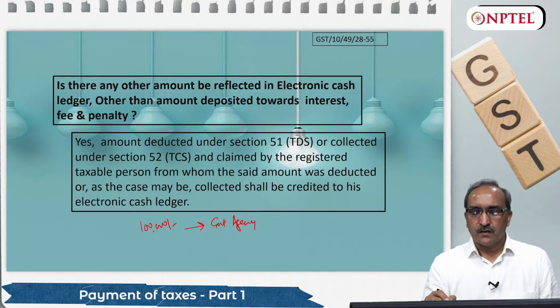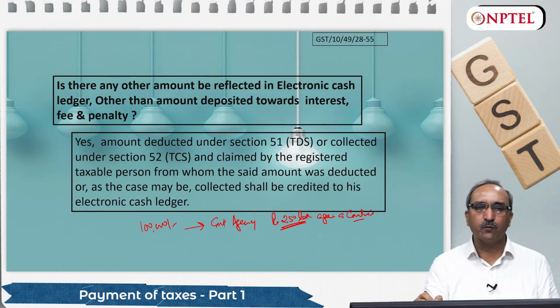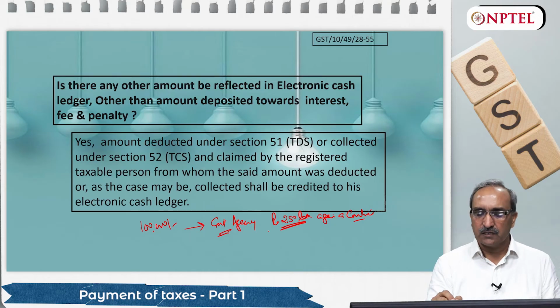So if in GST any supplier supplies goods worth 2.5 lakh rupees or more against a single contract, then this government agency, as defined under sections 51 and 52, will deduct TDS before releasing payment to the supplier.